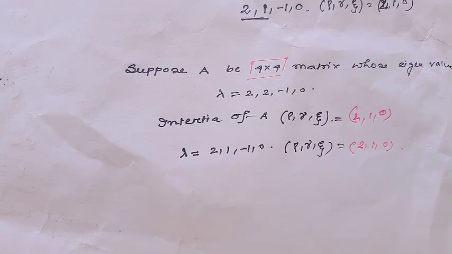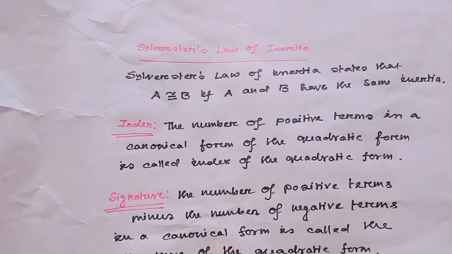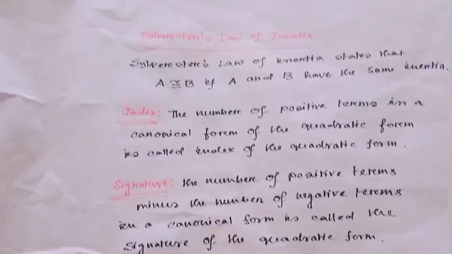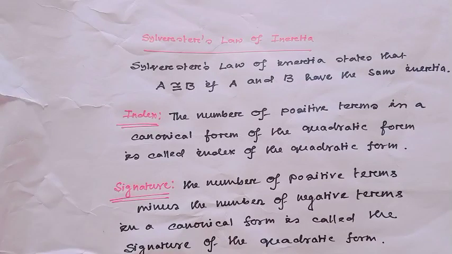Now I will tell you how the inertia of the matrix A is related to congruence of quadratic forms. Now I will state Sylvester's law of inertia. What is Sylvester's law of inertia?